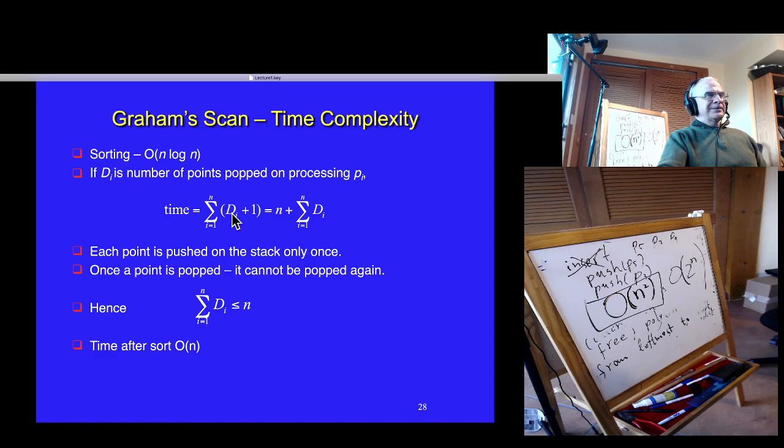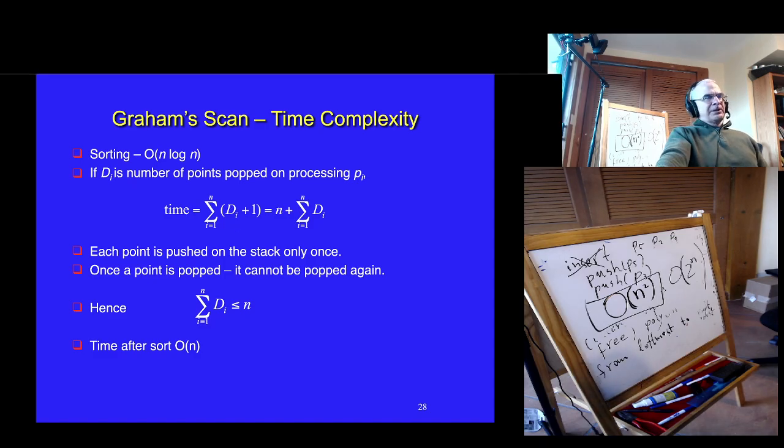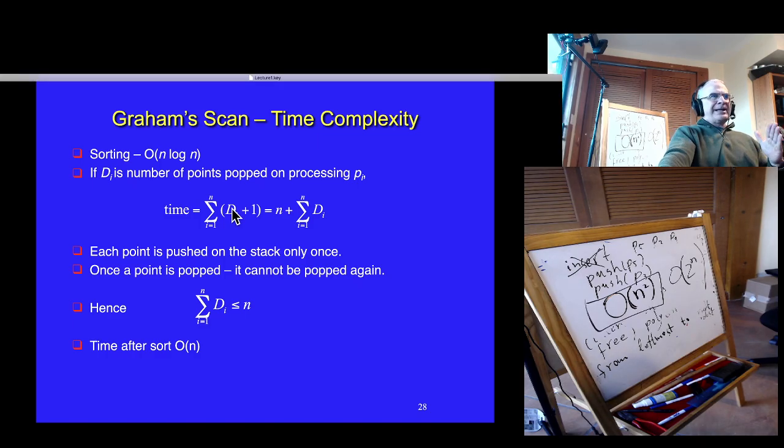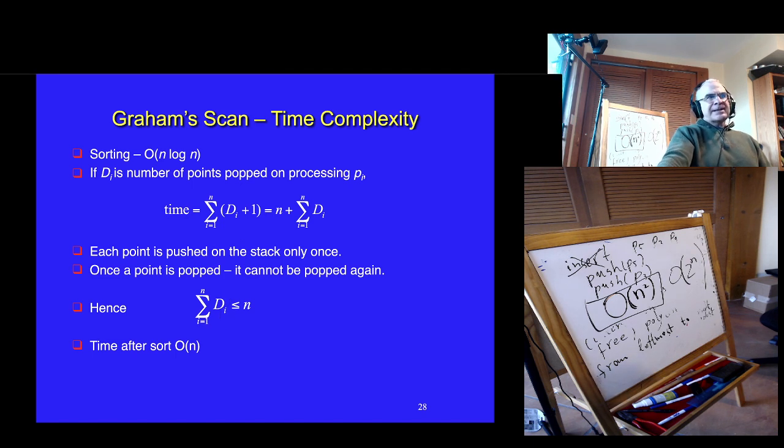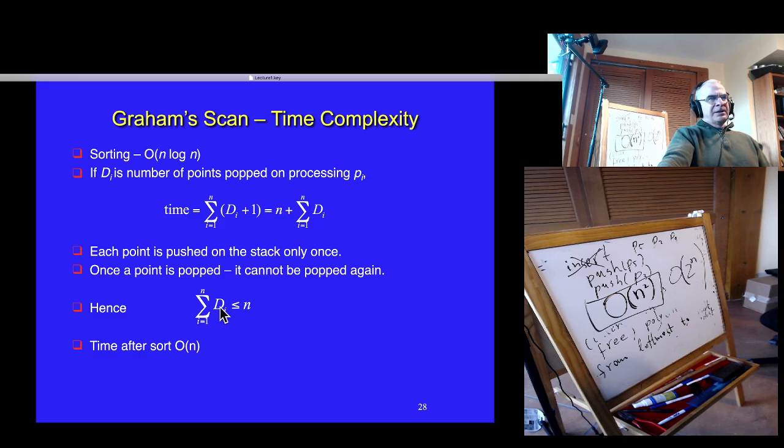It's the total number of points that are deleted. But every point will be inserted into the stack for sure once. It will also be deleted, though some of the points will stay in the stack, the ones in the upper convex hull.